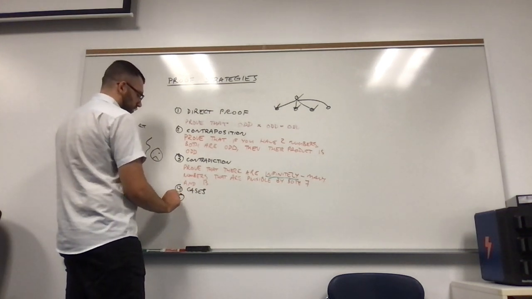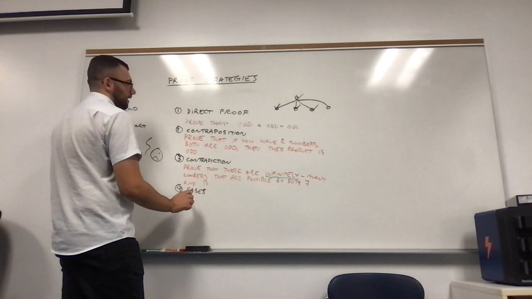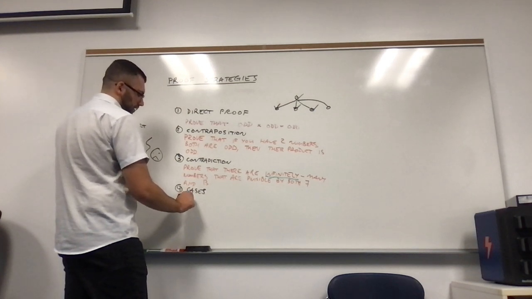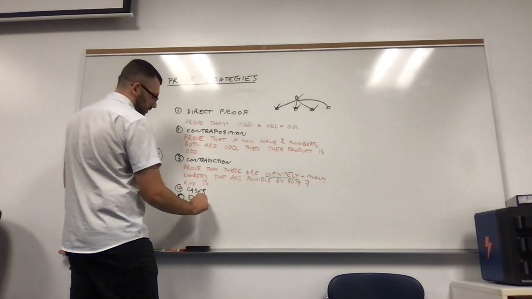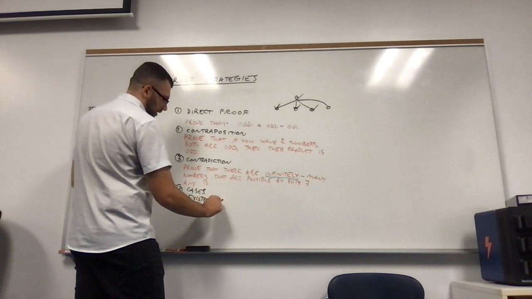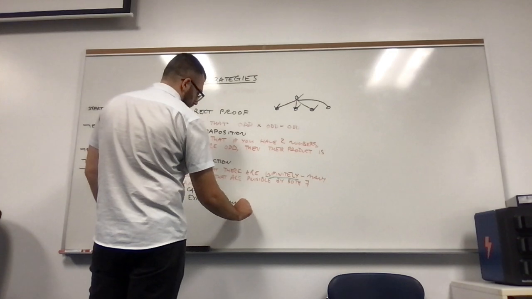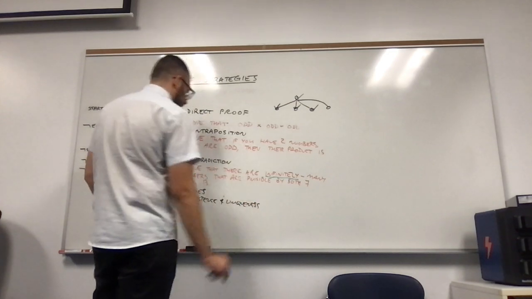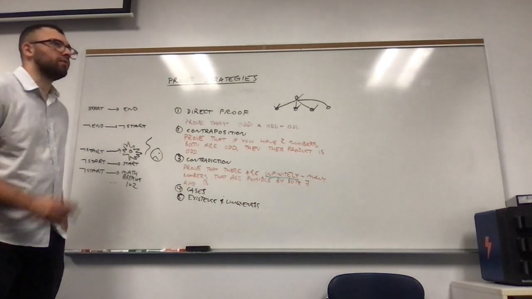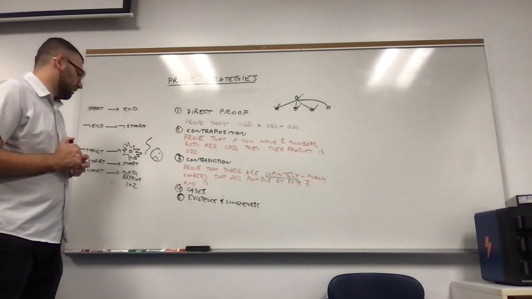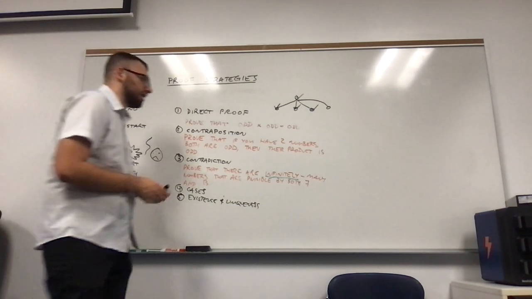One more strategy I just want to give you is proofs of existence and uniqueness. Okay, so what do I mean by that? Well, if a question says something like, show that there's, actually here's a good example.